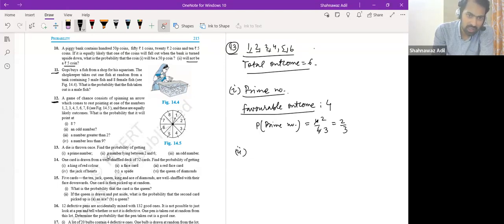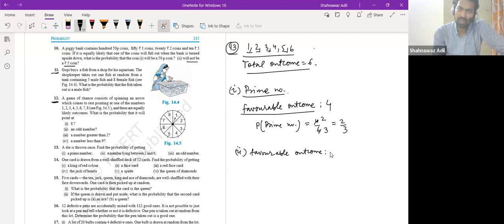Now, a number lying between 2 and 6. So how many favorable outcomes? Remember, 3, 4, 5. Whenever it says between, then we have to discard these, right?